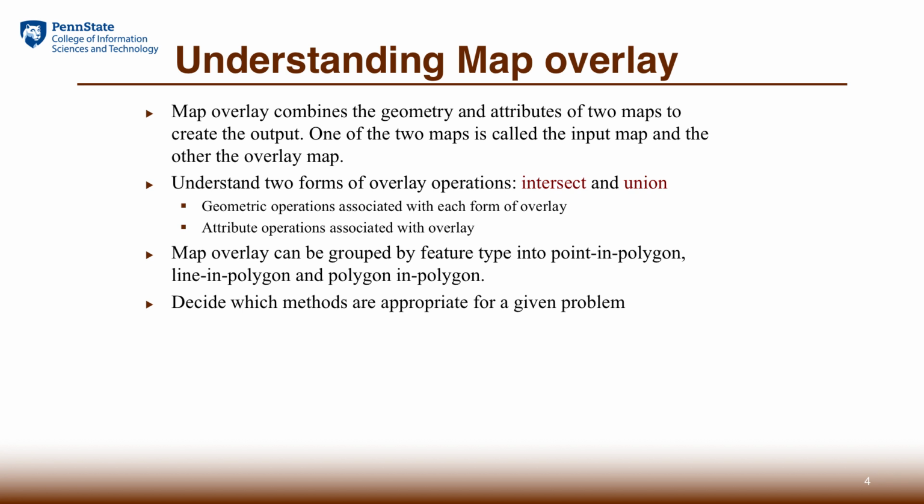So map overlay can take so many different forms, but in general, we can tell whether it's intersect or union, or whether it's a point in polygon overlay or polygon in polygon overlay. All this depends on how you analyze your problems. So understanding the problem and being able to articulate the nature of the questions that you try to answer will help to decide which form of overlay is the right match.